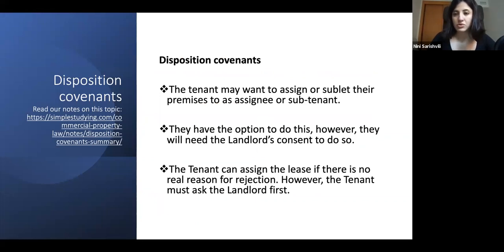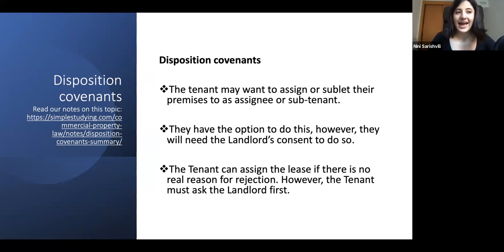Disposition covenants is also a very important topic. What does it mean? The disposition covenant is when the tenant may want to assign or sublet their premises, and these are the covenants in the lease that regulate subletting. They have an option to do this, but most of the time it's limited.